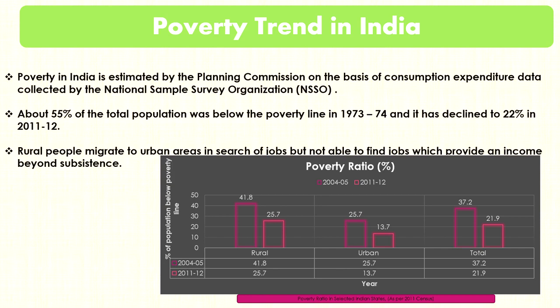We can also see that rural people migrate to urban areas in search of jobs, but are not able to find jobs which provide an income beyond subsistence. On the screen, a bar graph shows the comparison between the years 2004-05 and 2011-12.